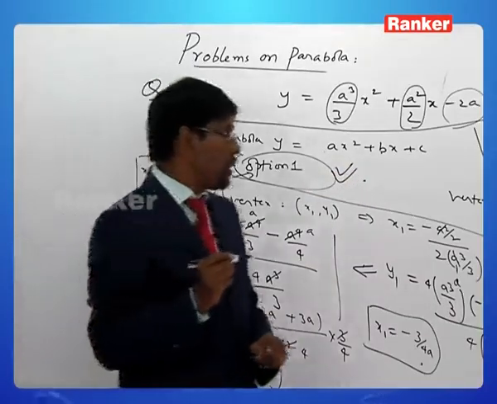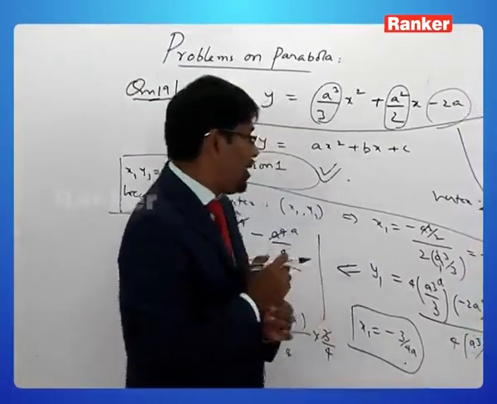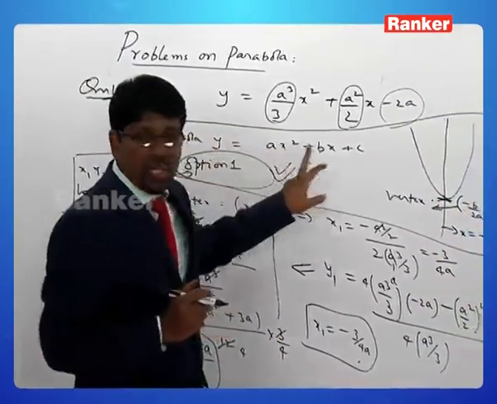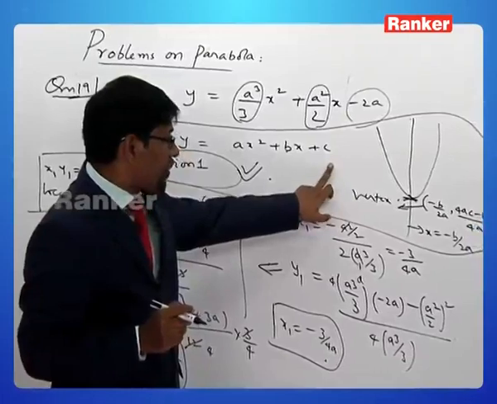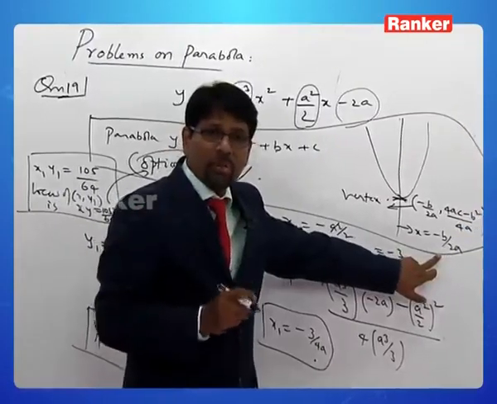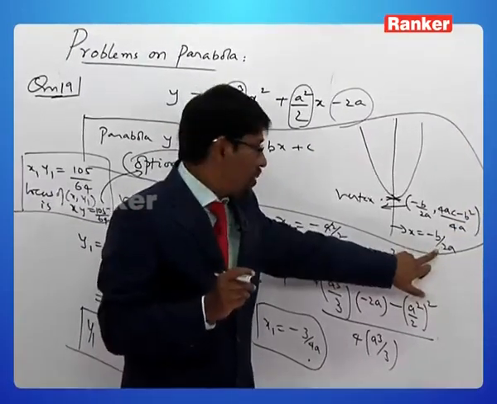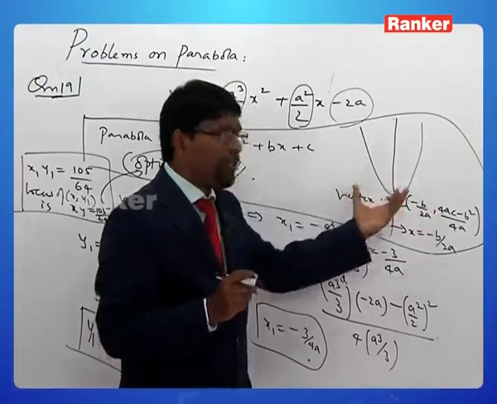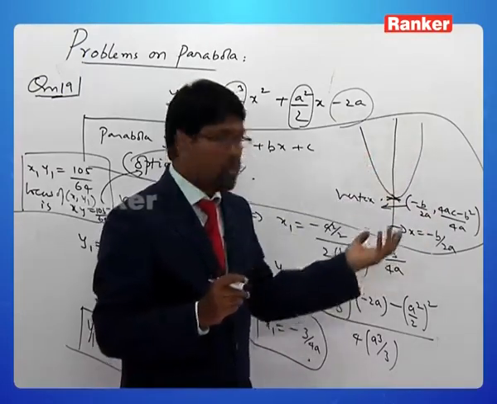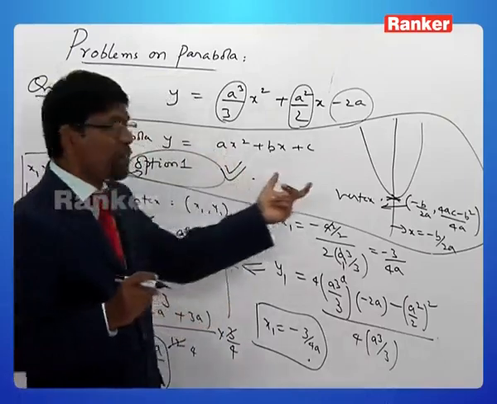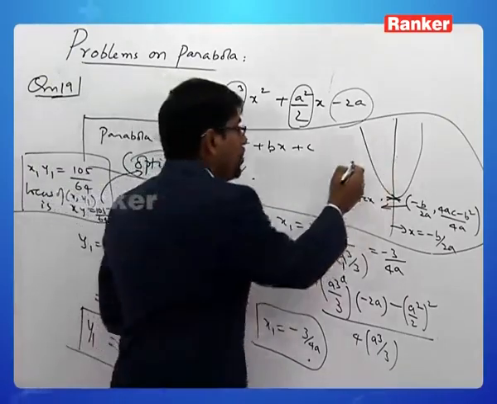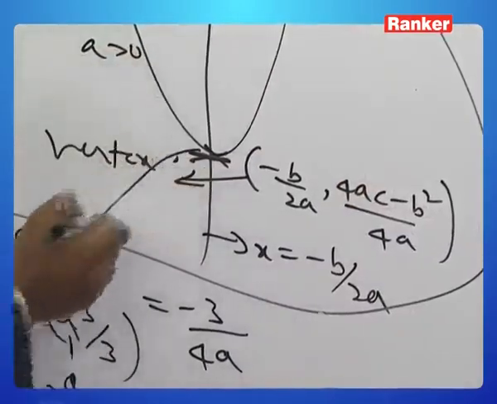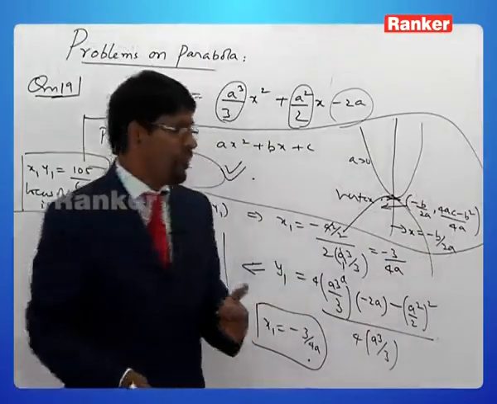Now one thing that we'll recall is, for the parabola y equal to ax square plus bx plus c, x equal to minus b by 2a will be the axis of symmetry. It can be opening upwards or downwards, it depends on a. If a is positive, it opens upwards, a negative, it opens downwards.